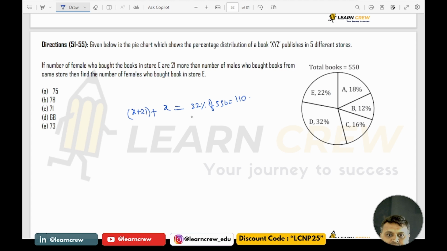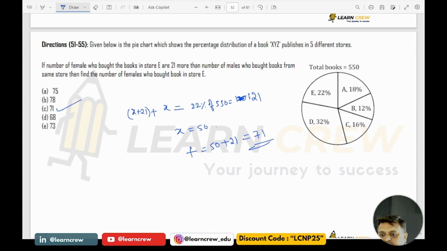Am I correct? 20% of 550 is 110. 110 plus 11 would be 121. Thereby 2x should be 100. X is 50. So now female should be x plus 21. How much? 71.